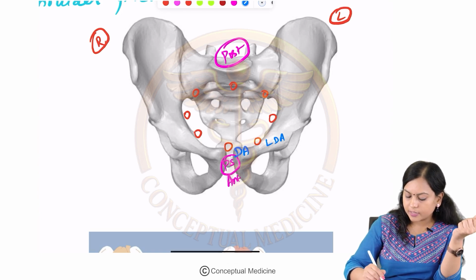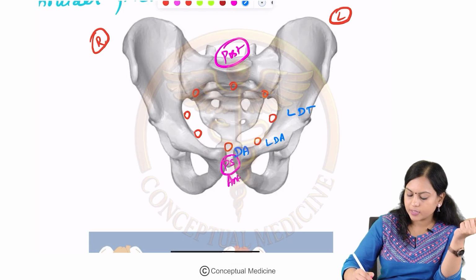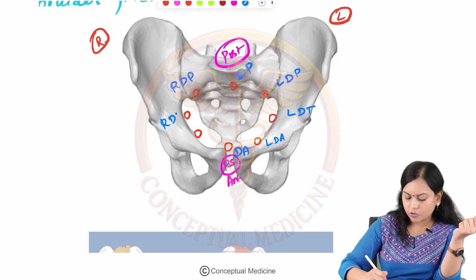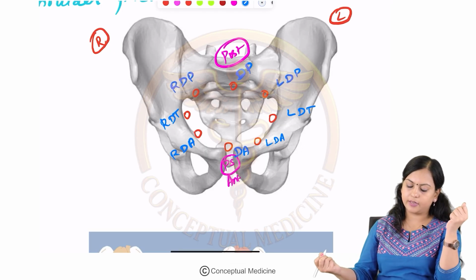Then that is lying in the transverse line, that is left denominator transverse. This is left denominator posterior. This is denominator posterior. Then this is the right denominator posterior, right denominator transverse, and right denominator anterior.